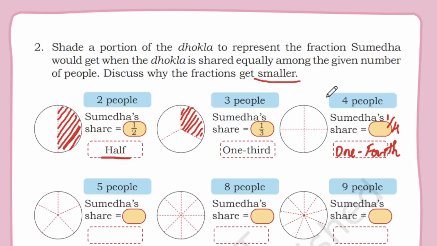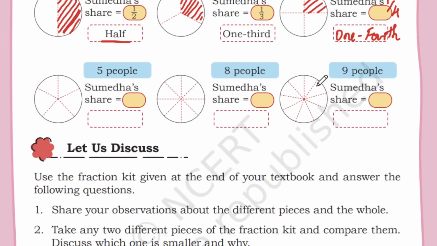One portion you have to shade. Next, 5 people, then 1 by 5 would be Sumedha's share. It is written as 1/5. You have to shade this part.